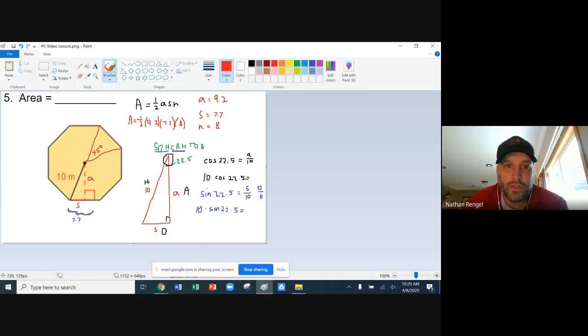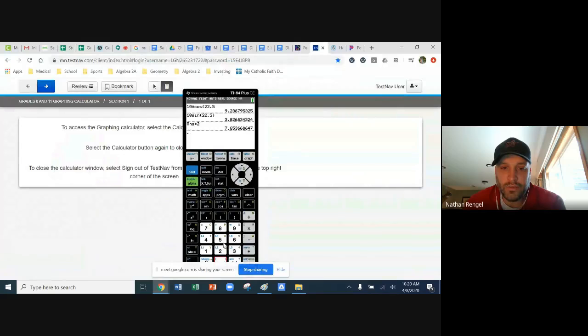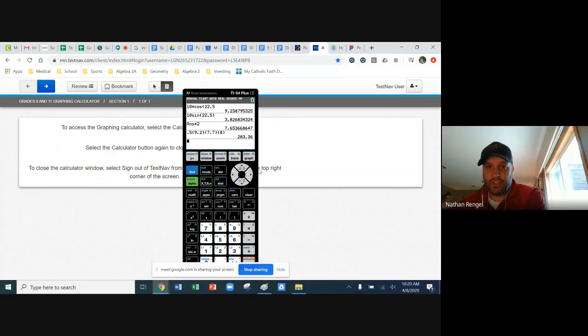And we'll clean this up a little bit. So we'll head to the calculator. And I use 0.5, so 0.5 times 9.2 times 7.7 times 8. And we get our area is about 283.4.